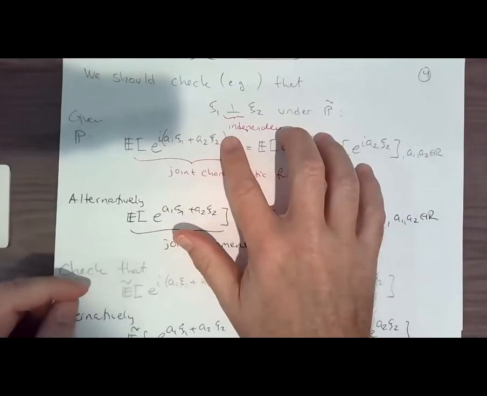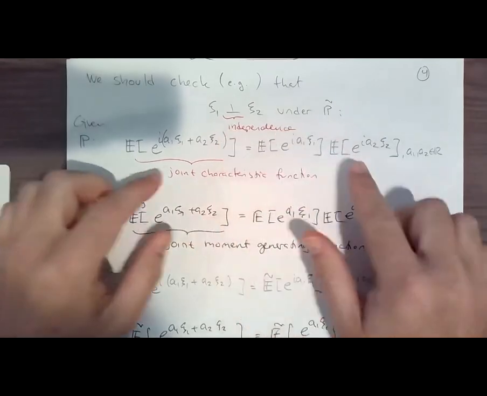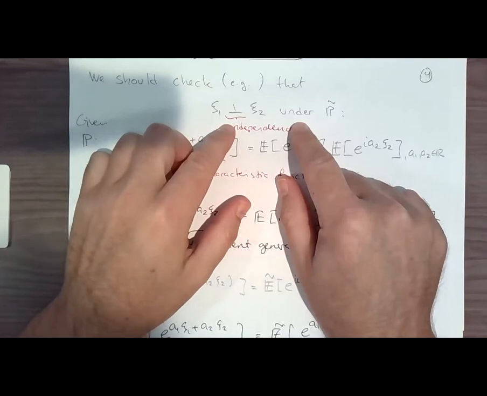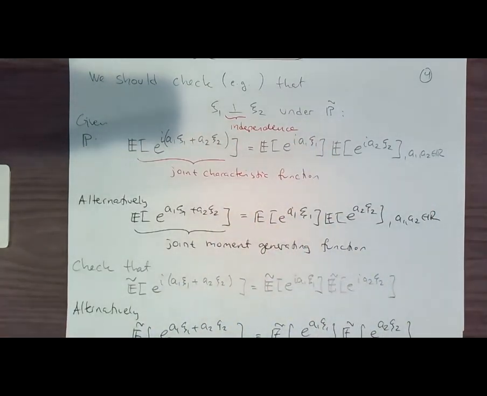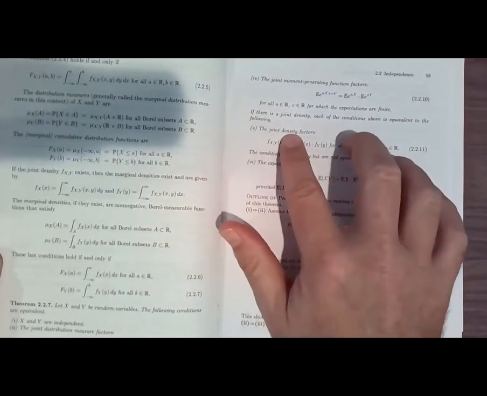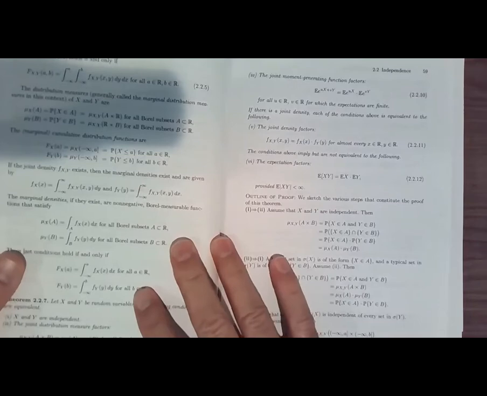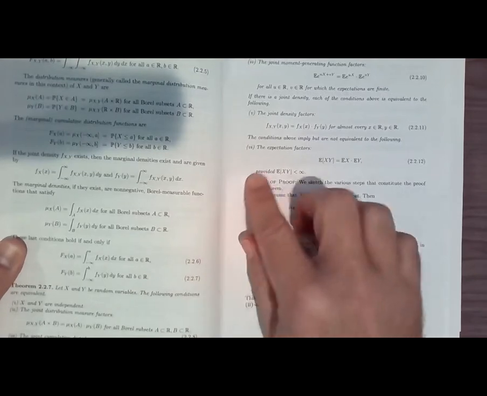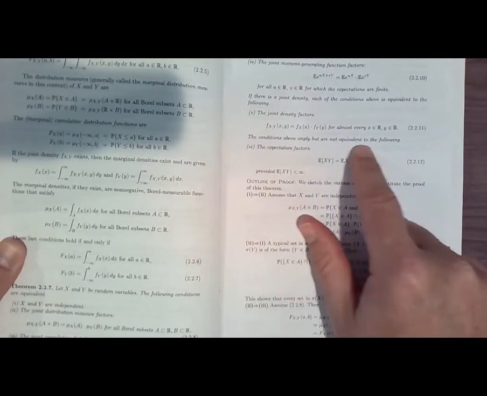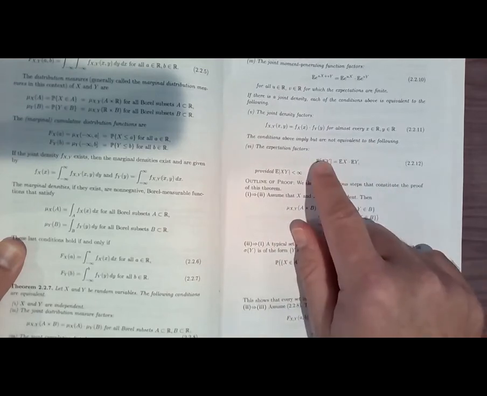I want to highlight once again that this here is an equivalent condition to being independent. And there are many others. Let me bring up that theorem again from the second volume. There are lots of others. This is condition 4. If you have a density, then this is condition 5. But the thing that is not equivalent, as he writes here, is that the conditions above are stronger and are not equivalent to this one here.